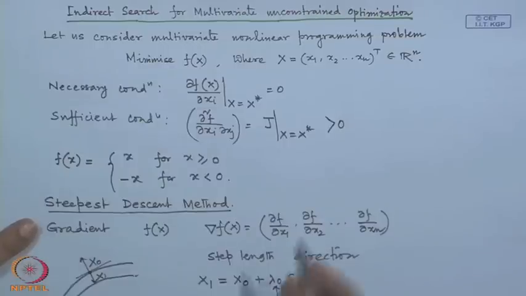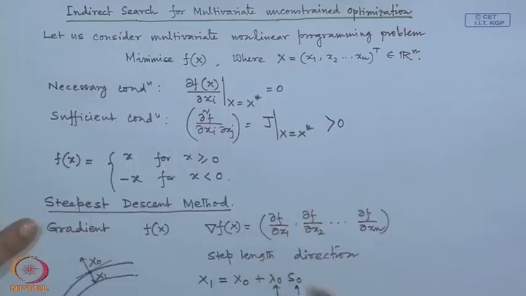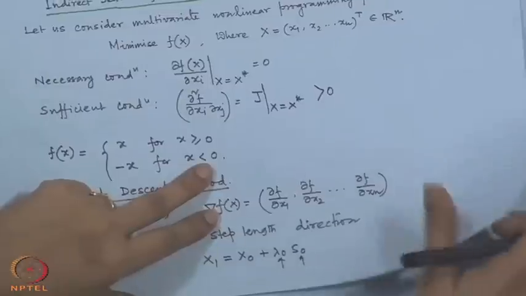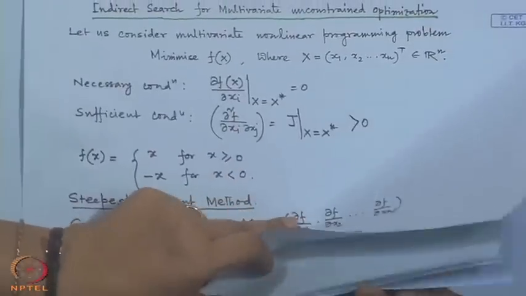With this step we will move in the direction of s naught, which is fixed here in the negative direction. Let me first give you the general idea of the steepest descent method, then I will come to the algorithm of the steepest descent method next.